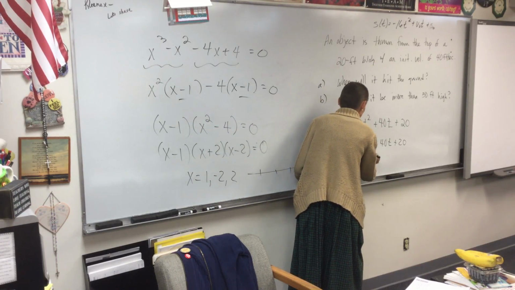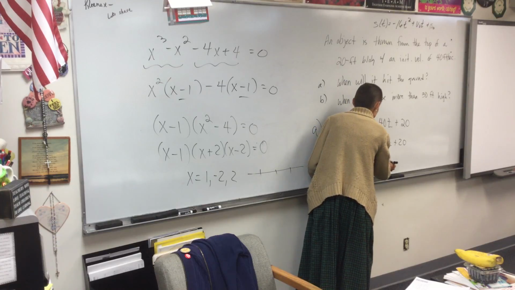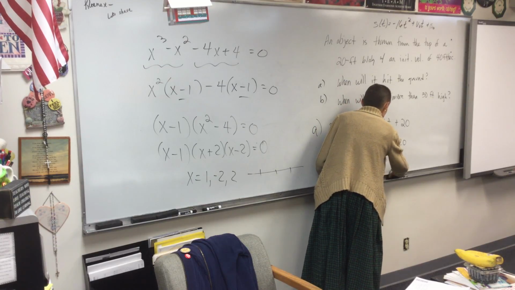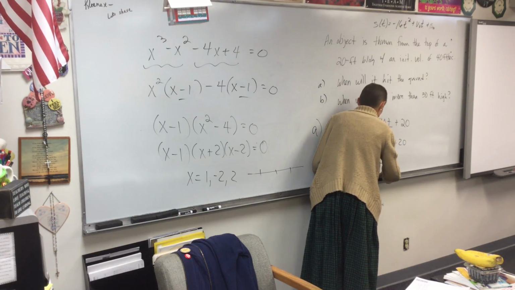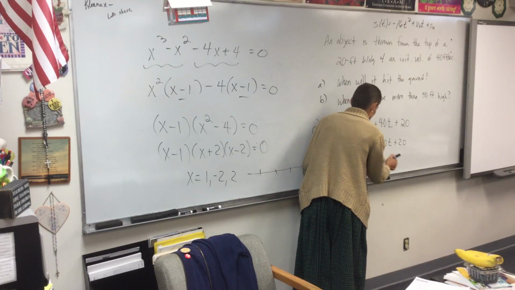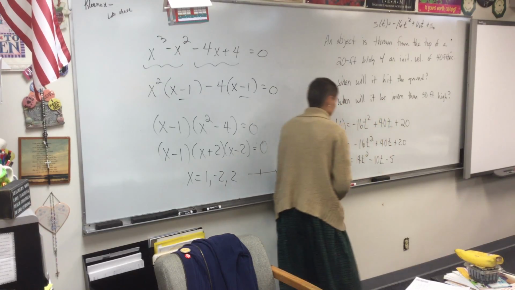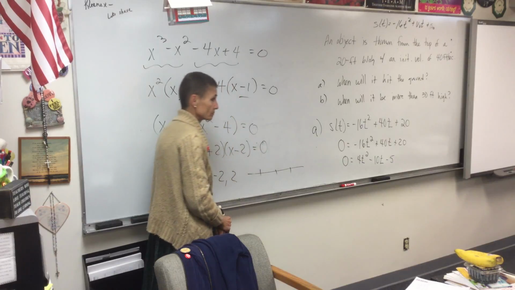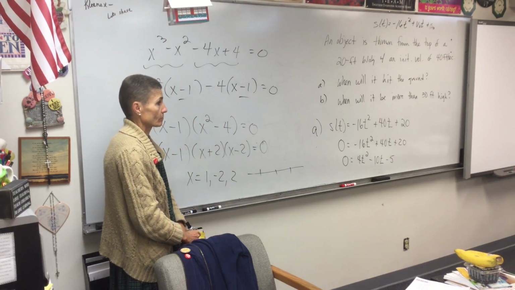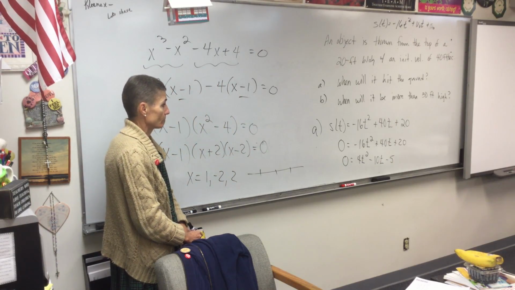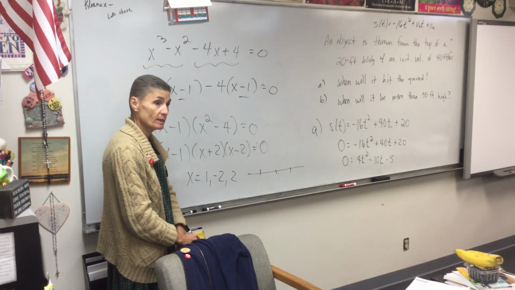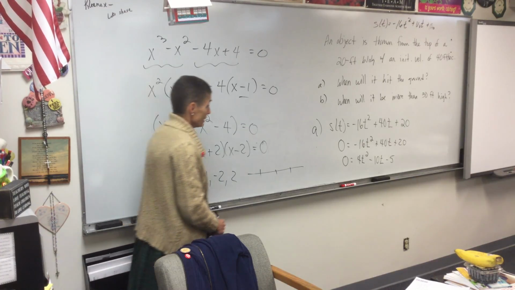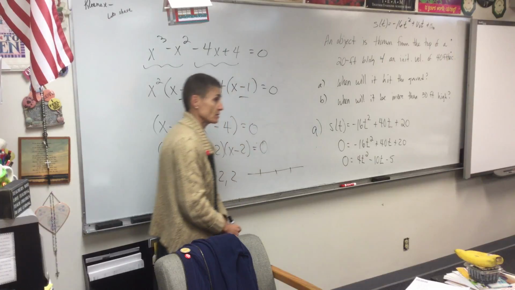So 4t squared minus 10t minus, I'm dividing by negative 4, so minus 5. Is that okay with everybody? Now, how do you want to solve that?